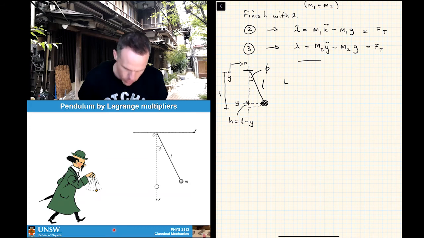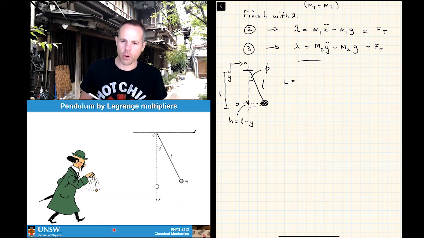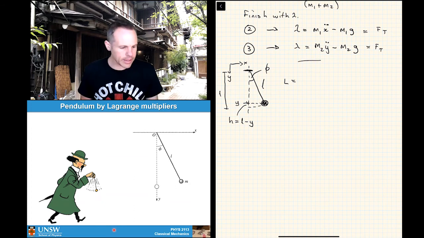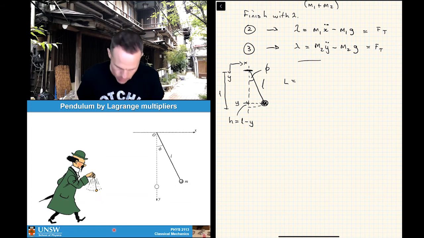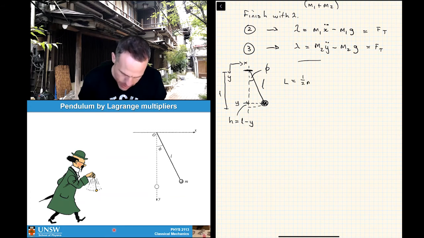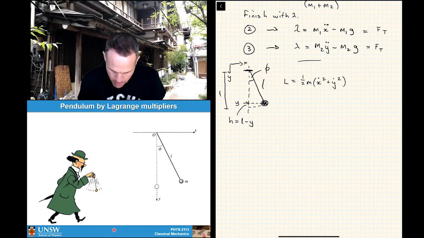So we're going to write our Lagrangian now, but unlike last time where we tried to get it in terms of phi, now we're going to keep it in x and y, right? So this will be a half m times x dot squared plus y dot squared, minus mg times our height down here, which is L minus y.